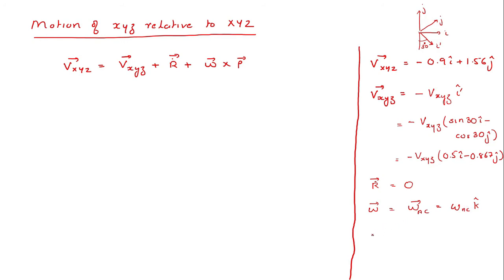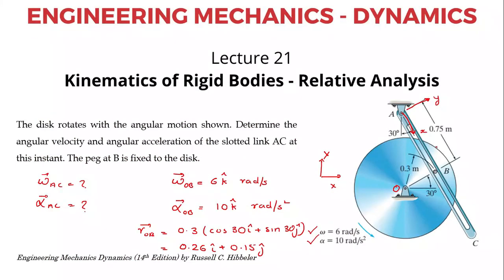Okay, and then the rho vector. The rho vector here, if you see this figure, at this particular instant, this point or this peg B is a distance of 0.75 from the origin of the secondary reference frame small x small y.